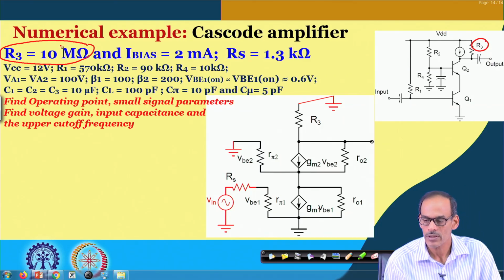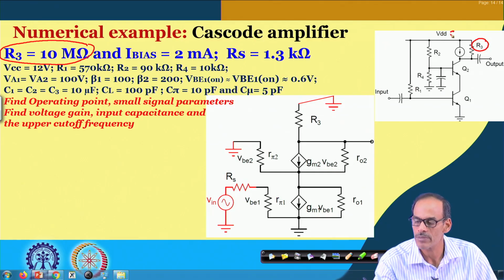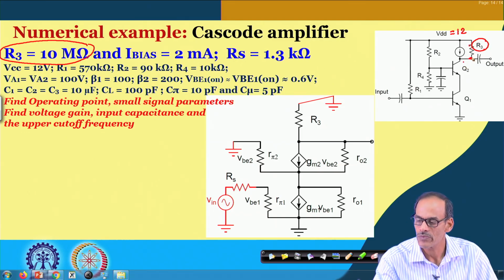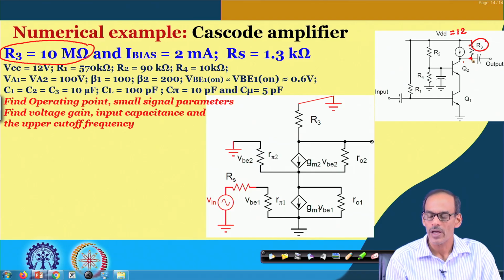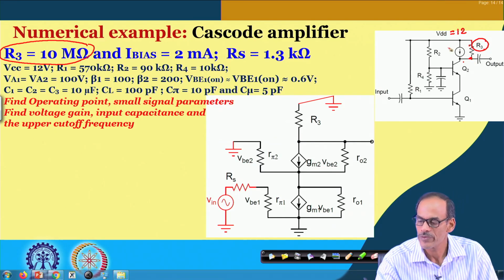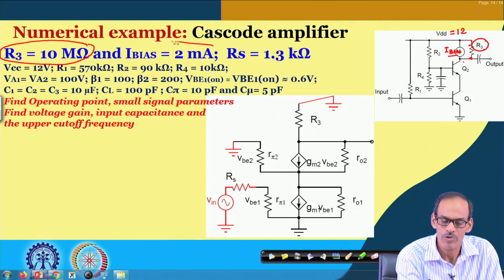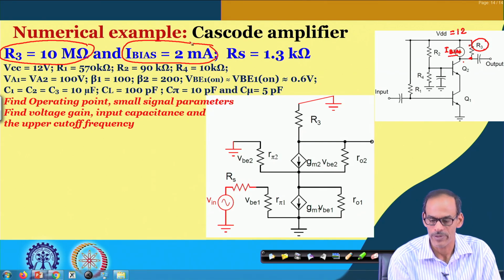On the other hand, since we have a 12 volt supply here, and if R 3 were to supply the entire 2 milliampere of current, the drop across this resistance would be quite high. To avoid that problem, we consider this I bias. So, I bias is supporting this 2 milliampere of current.